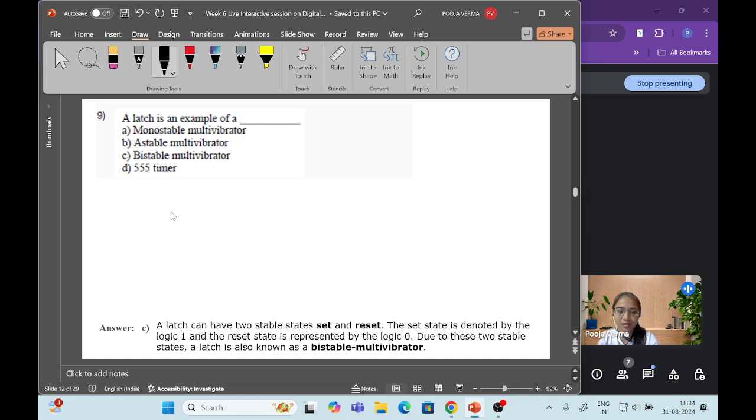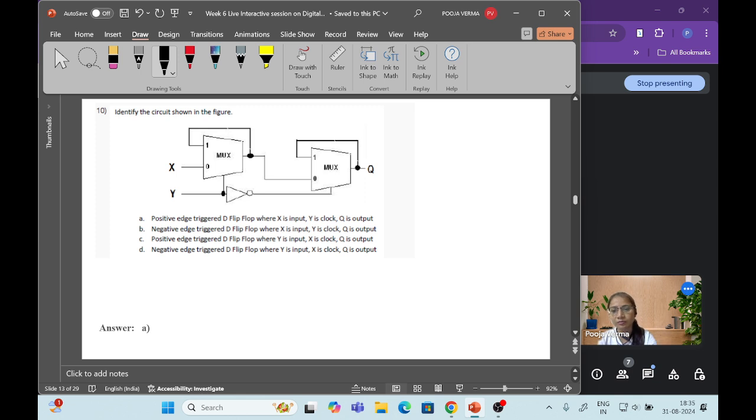A set state is denoted by a logic 1 and a reset state is represented by a logic 0. And because it has two stable states, that's why it is called a bistable multivibrator. That is the reason it is called a bistable multivibrator. Okay, so moving to the next question.